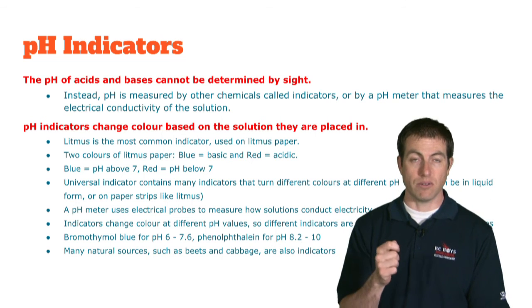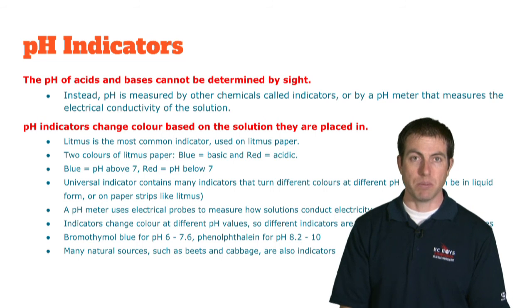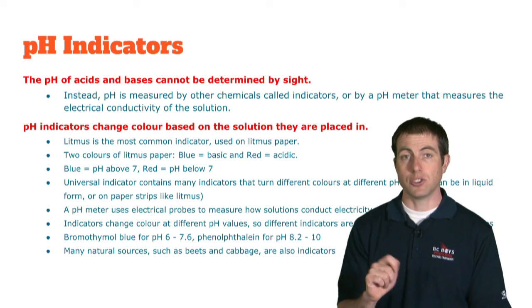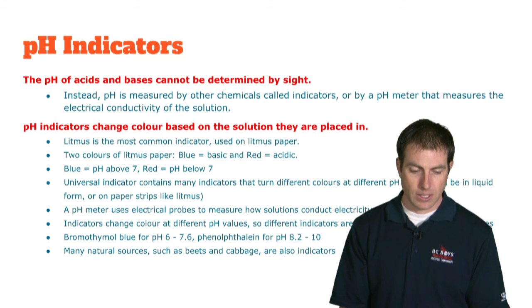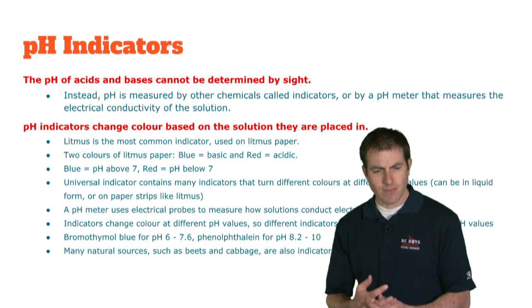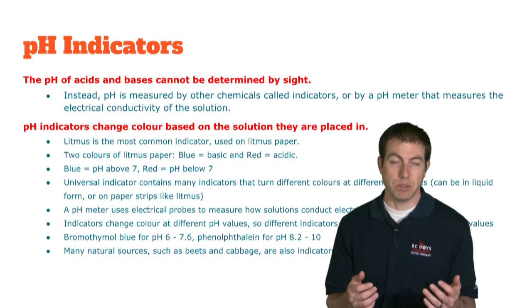So it could start off as blue paper, you put it in an acid, and it turns red. So litmus paper is blue in a base, red in an acid, and if it doesn't change colors, then it's neither an acid nor a base. You can also use something called a universal indicator, which will tell you the general pH of something.